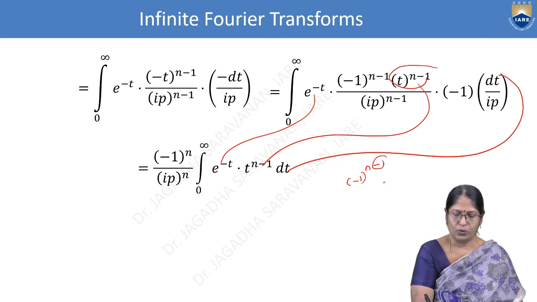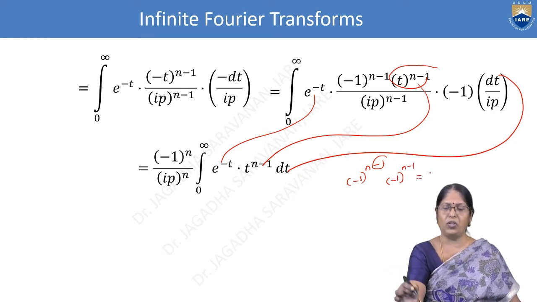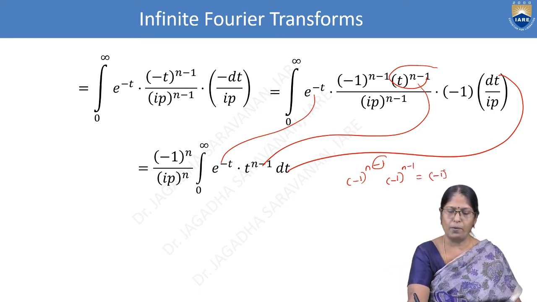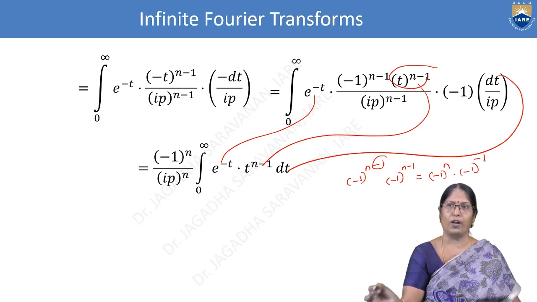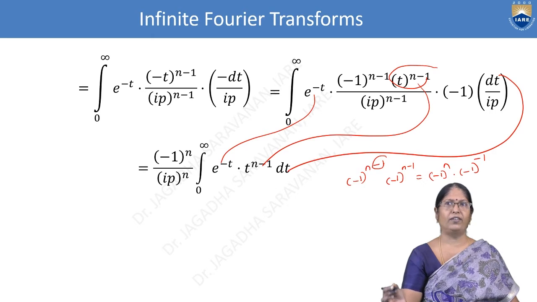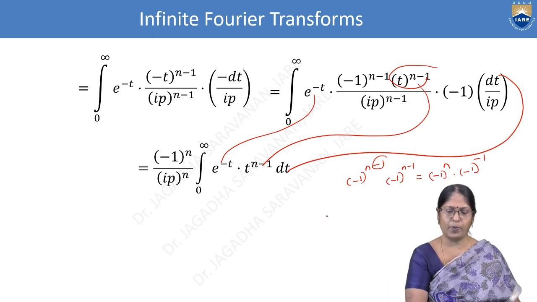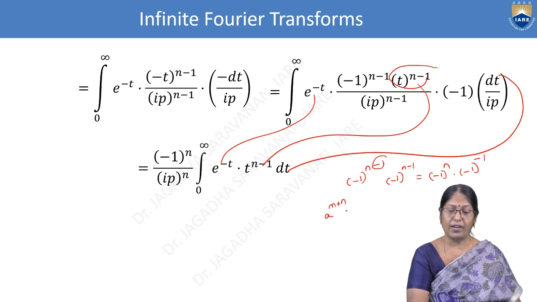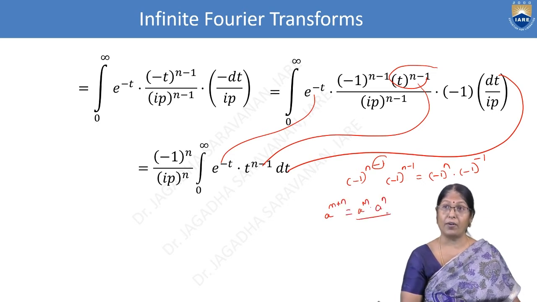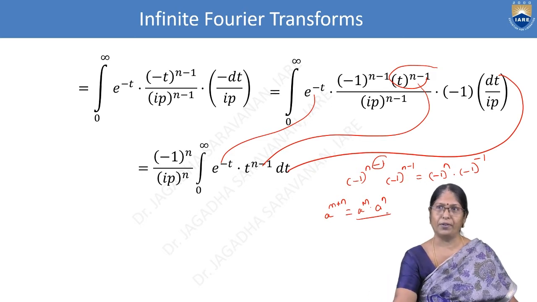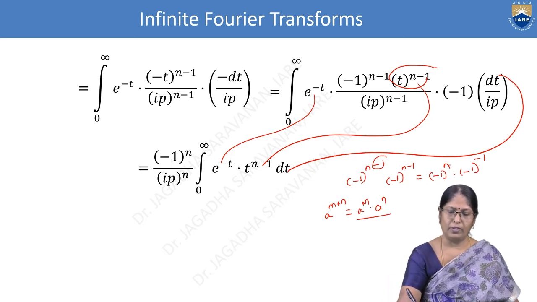So, minus 1 power n minus 1, we split in such a way: minus 1 power n into minus 1 power minus 1. We can write it. That is also the exponential law: a power m plus n, we can write as a power m into a power n. Using that we did this.